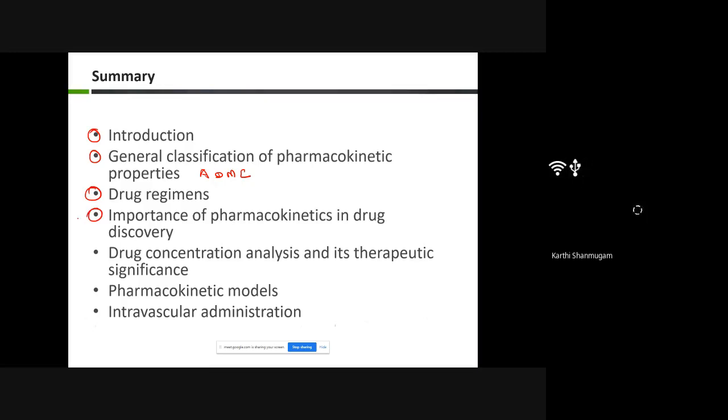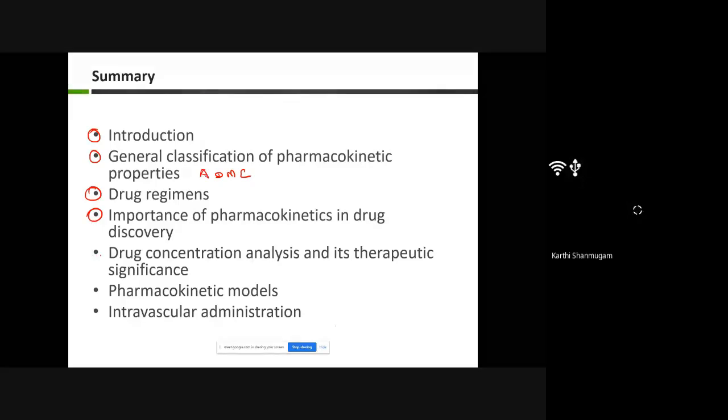This is very important, right? Why do we have to study pharmacokinetics? What's the need for studying absorption, distribution, metabolism, excretion? We'll learn about that. Then drug concentration analysis and its therapeutic significance, which involves numerical things. We are going to solve some problems related to that.